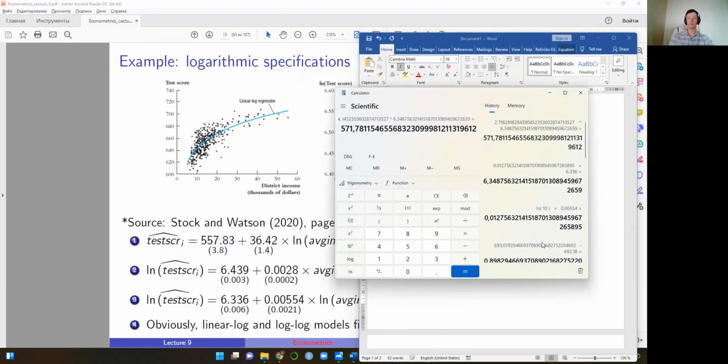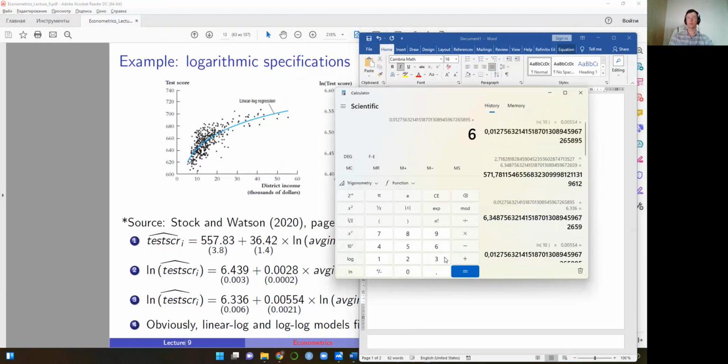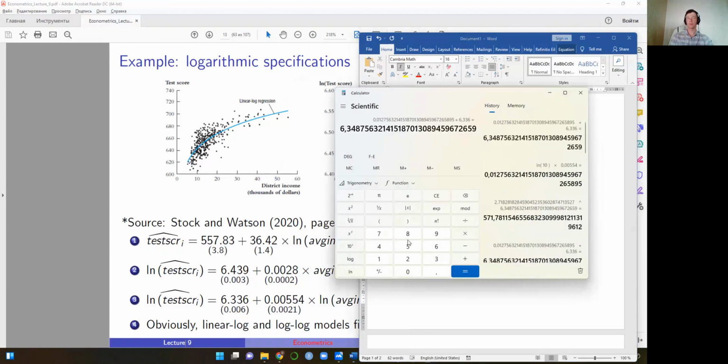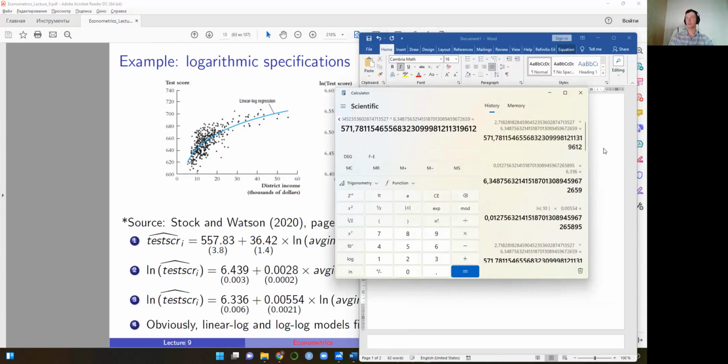Okay, so let me check, maybe something is wrong. 10 times 0.00554 plus 6,336. And now this is the power of this. No, that's correct.